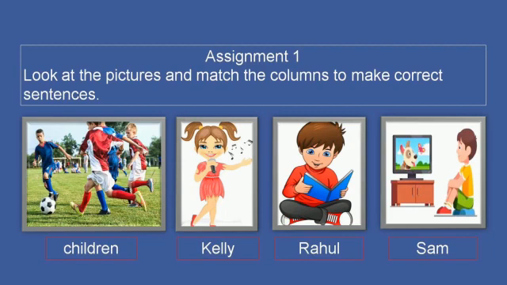Second picture is of a girl. Her name is Kelly. Third picture is of a boy. His name is Rahul. And the fourth picture again is of a boy. His name is Sam. Observe the activities.